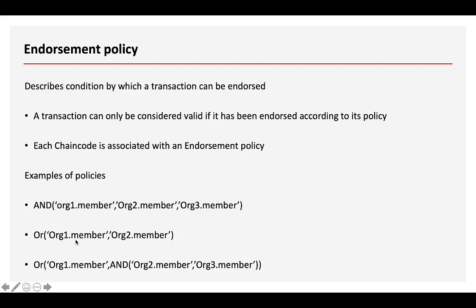In this case we are seeing an OR endorsement where for organization 1 and organization 2 either of them can endorse this, and then we are seeing the idea of a more complex endorsement policy where we have either an organization 1 member or you have to have both the organization 2 and 3 members.